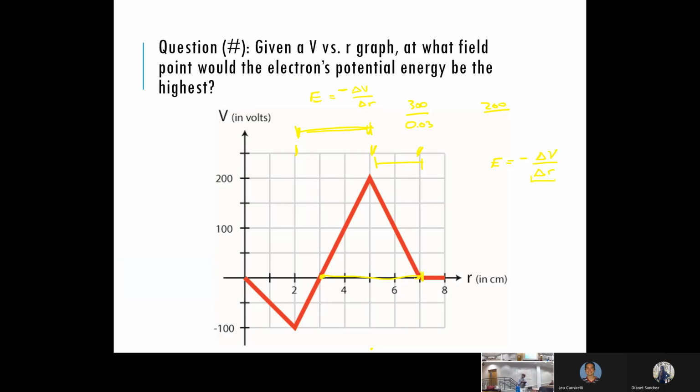So if the slope is positive, the electric field is pointing in the negative direction. If the slope is negative, then you have a negative and negative, and so the electric field is pointing in the positive direction. Where does the negative sign come from?